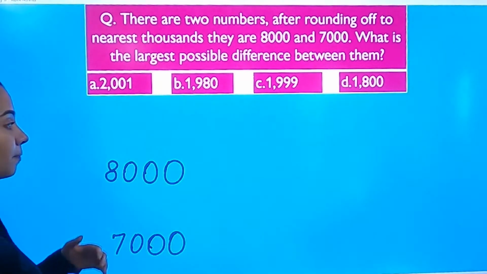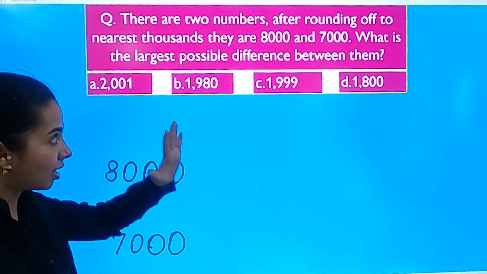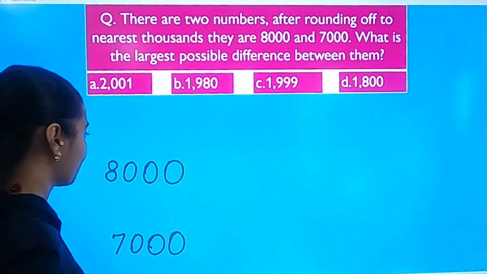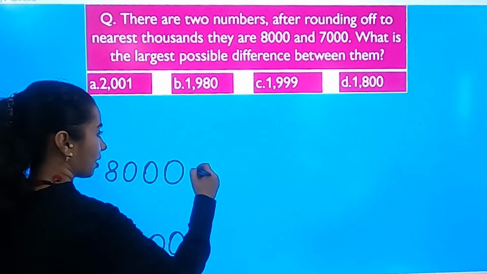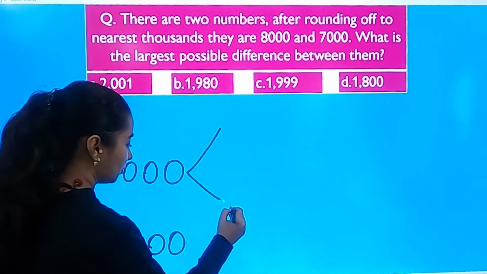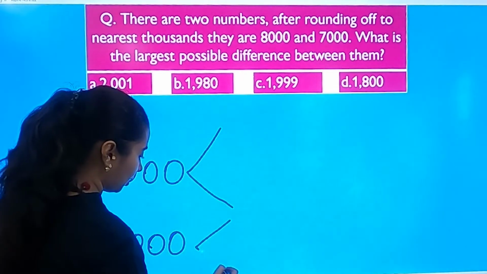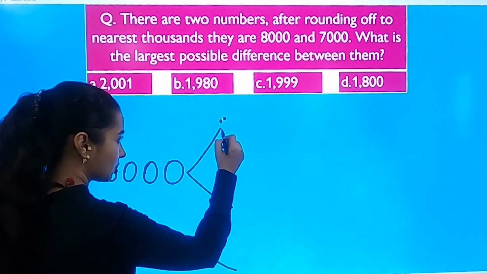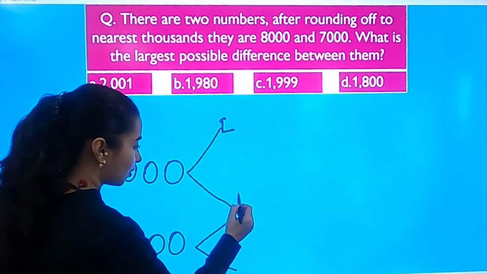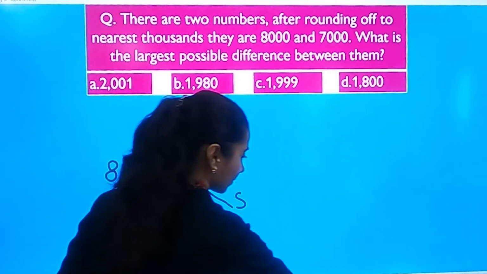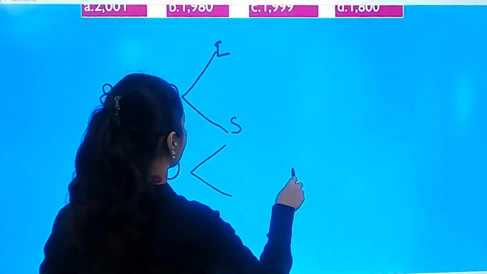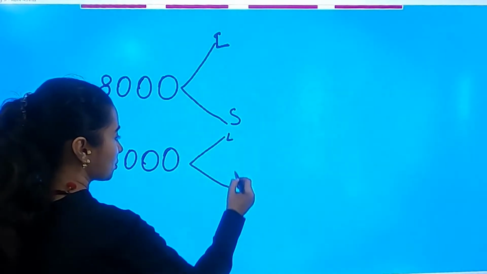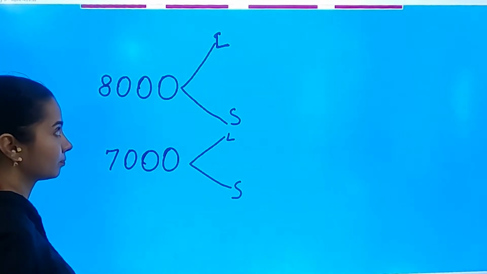So they're saying find out the largest possible difference between them. We don't know which is the original number here. So there will be a largest number for this and smallest number for this, and largest number for this and smallest number for this.